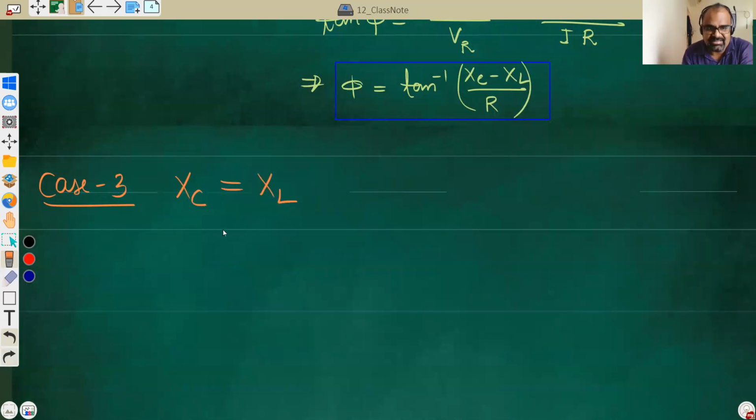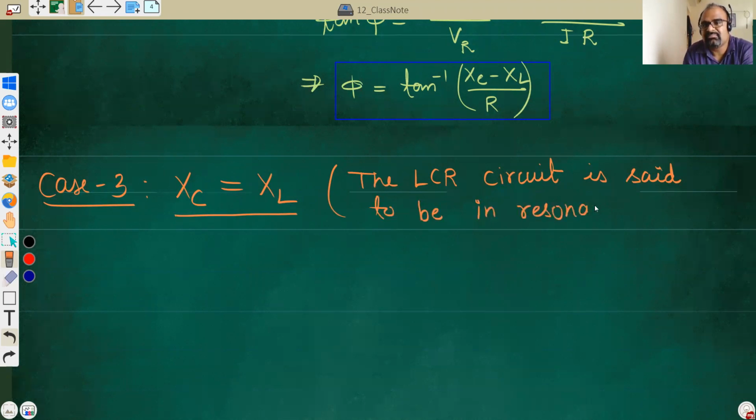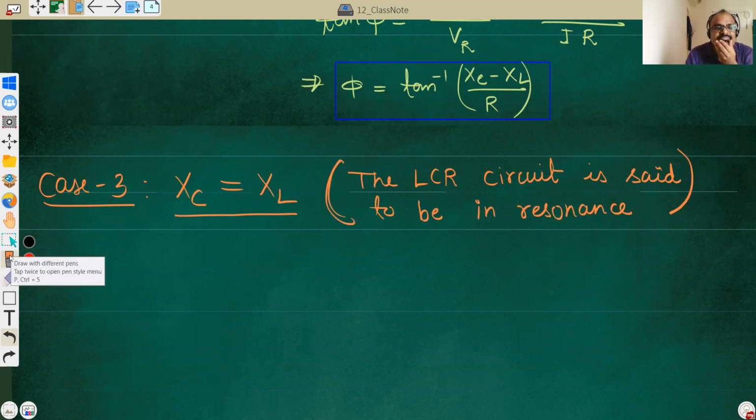Now, if it happens like this, in fact, the circuit is said to be in resonance. The LCR circuit is said to be in resonance in this case. Okay, how? I'll show you.